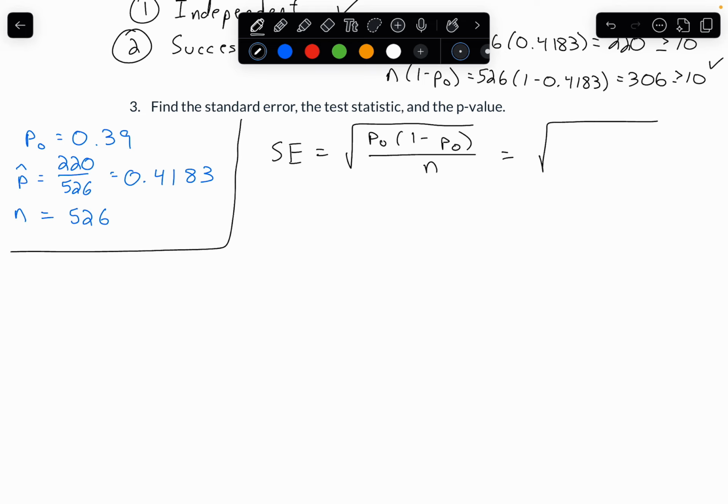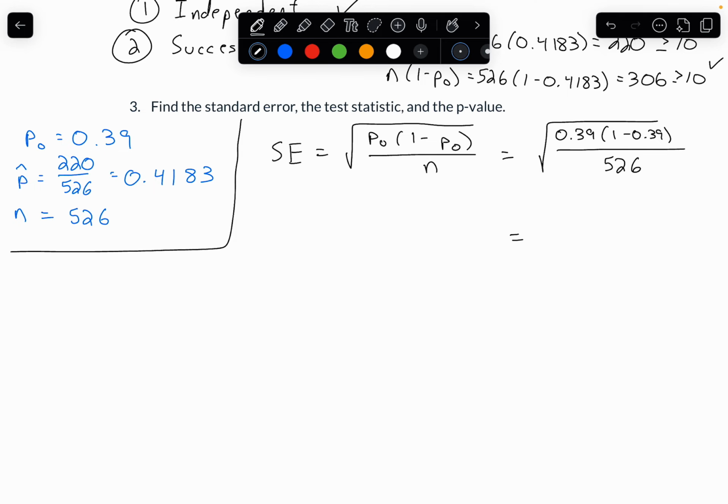So standard error is square root of 0.39 times 1 minus 0.39 divided by n, my sample size, which is 526. So I'm going to grab my calculator real quick. Square root of 0.39 times 1 minus 0.39 divided by 526.